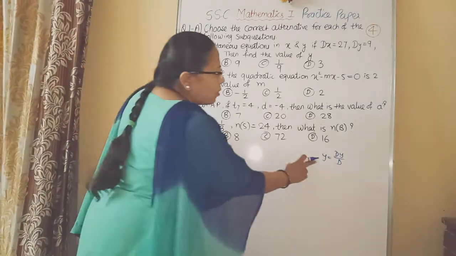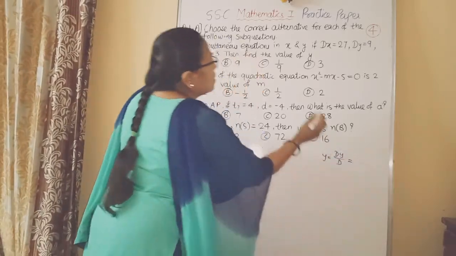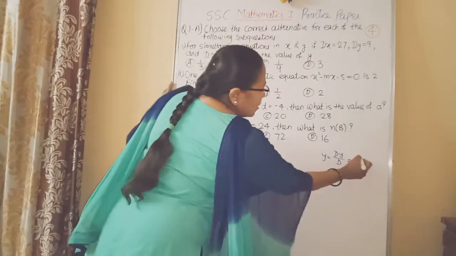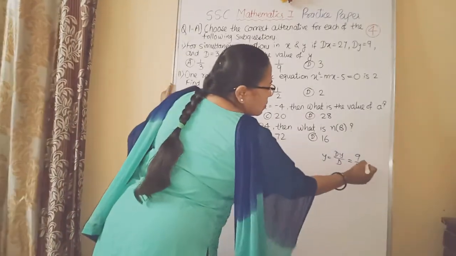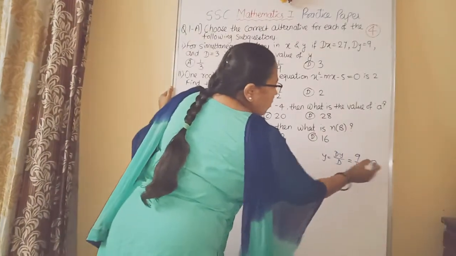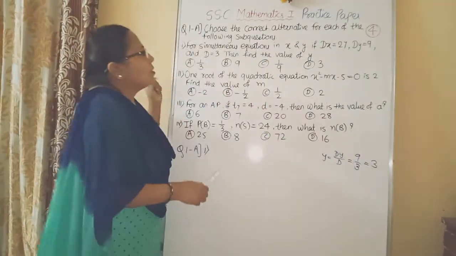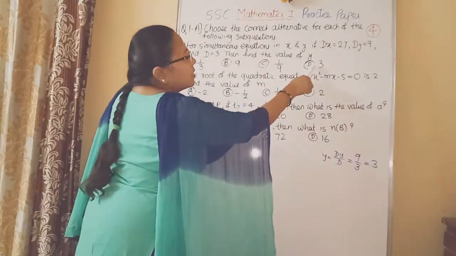According to this formula, y is equal to Dy upon D. Value of Dy is given 9 and value of D is given 3. So 9 divided by 3 is 3, correct. So the value of y is 3. In which option is the answer 3 given?